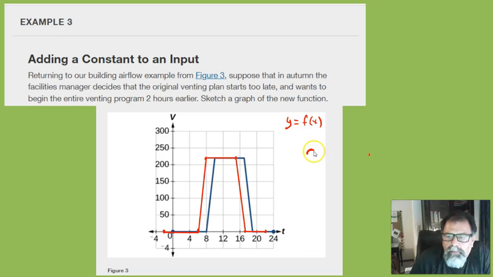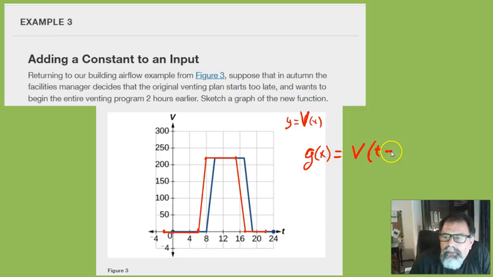So the red one would be g of x is, and we're moving it 2 units, so it'd be x minus a minus 2, which becomes plus 2. Well, it's not x, it's t. And I think we used v for the, yeah, so the y value is v, so this should be v.